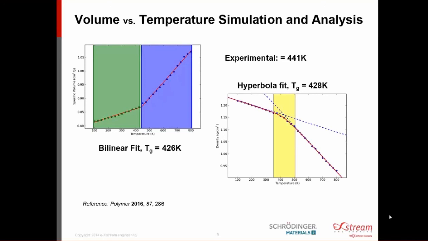But overall, what we find across a wide range of polymers is that we come very close to the experimental glass transition temperature with this method. So even though the glass transition temperature can be a long time scale behavior, we can get a prediction for that property in our models at a nanometer size scale.